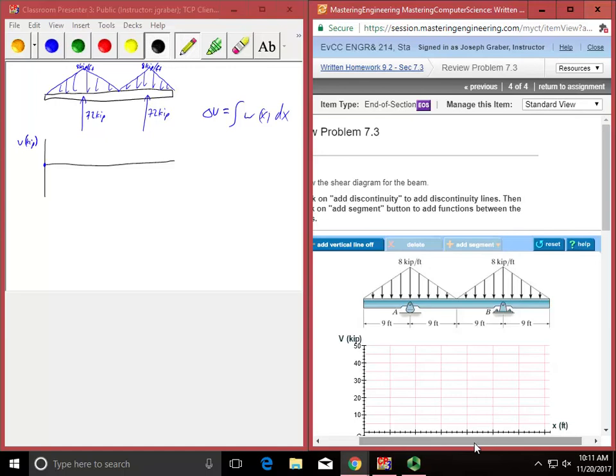So how do we use the words for it? Well, this is change in shear, and this is area under curve. So if I were to color this red area over here, we can find that red area. That red area would be 1/2 base times height, which is 1/2 times 8 times 9, where this is 9 feet.